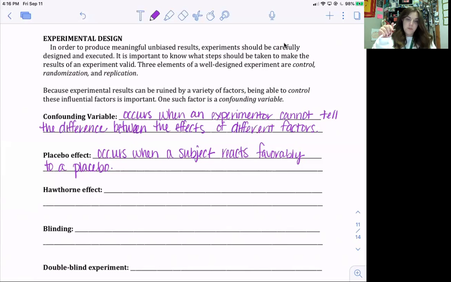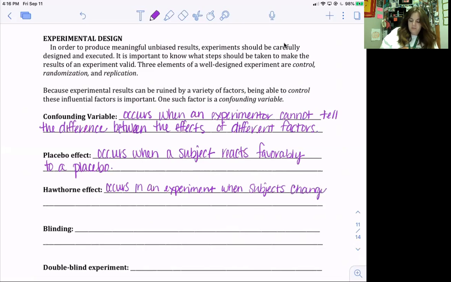Versus the Hawthorne effect, this occurs in an experiment when subjects change their behavior simply because they're participating.